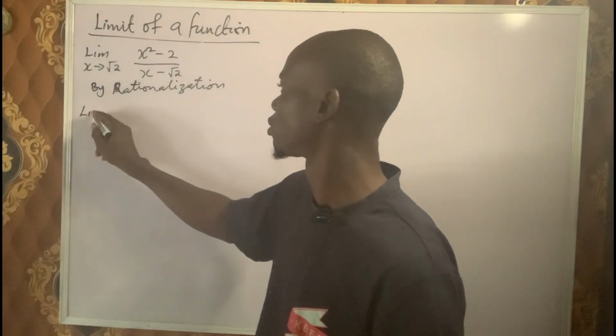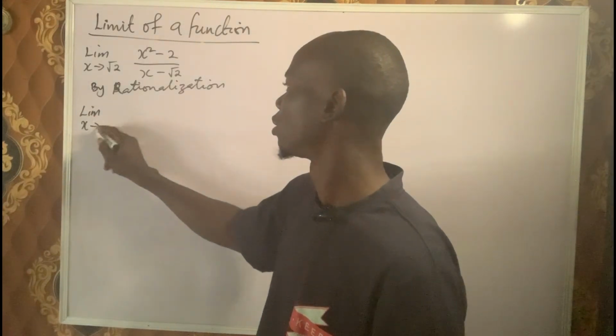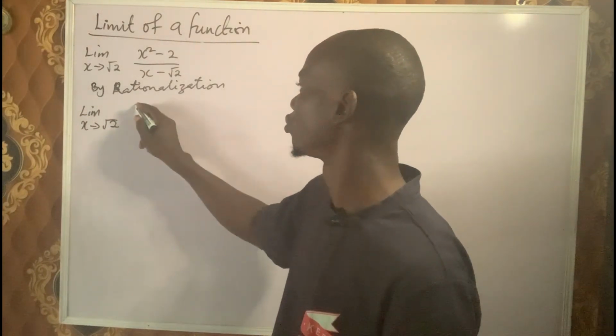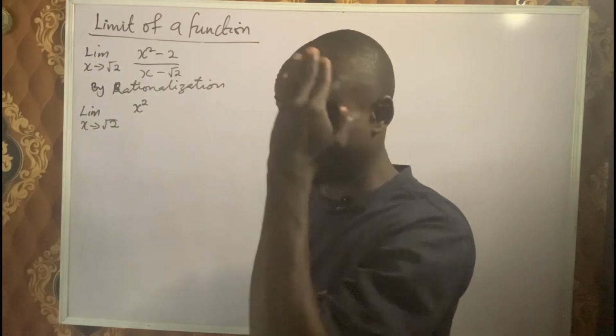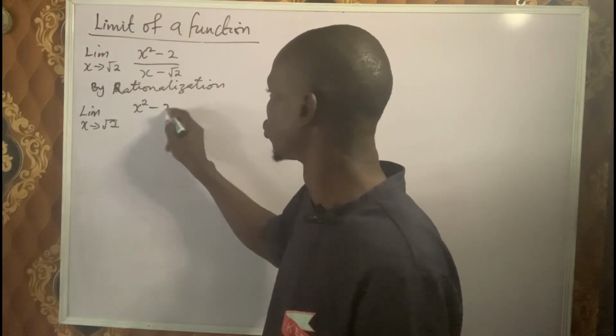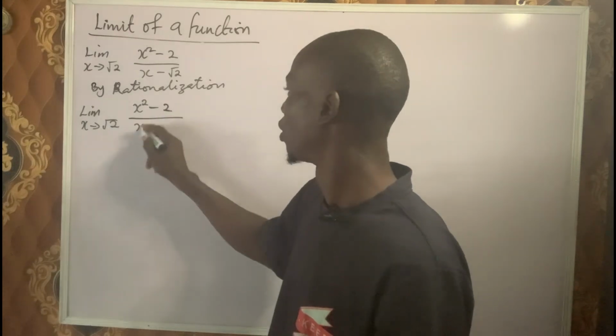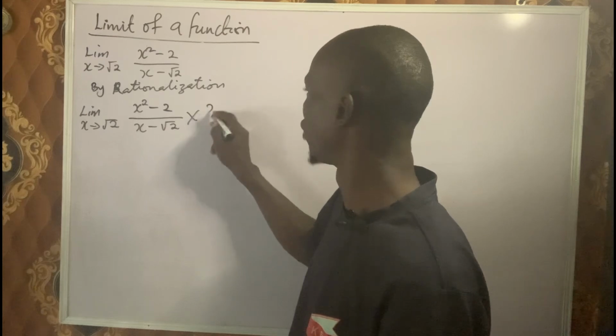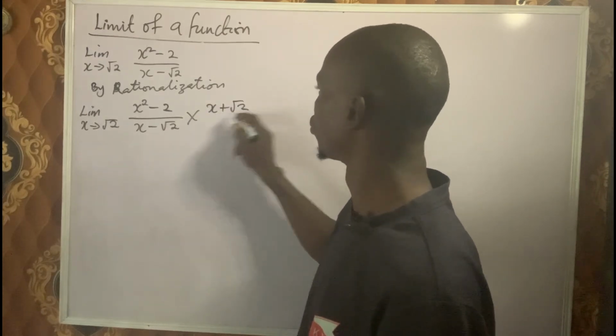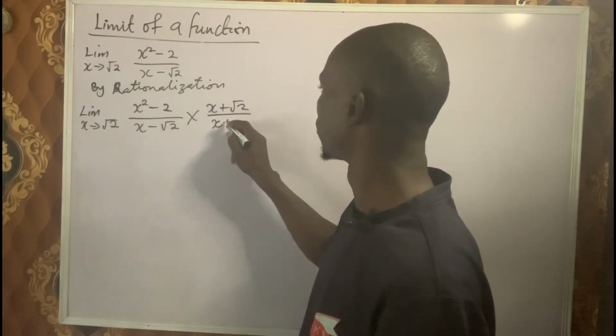We have the limit as x tends to root 2 of x squared minus 2 over x minus root 2, times, changing this to plus, x plus root 2 over x plus root 2.